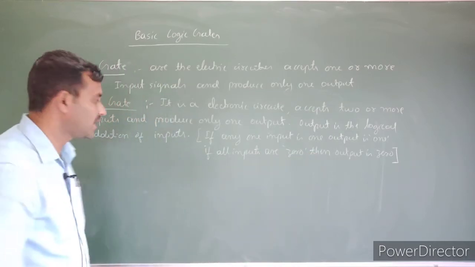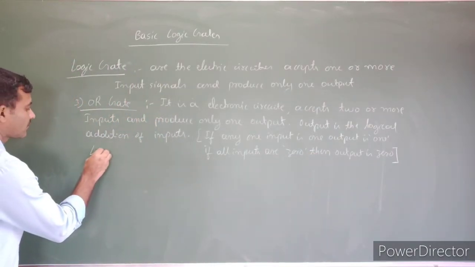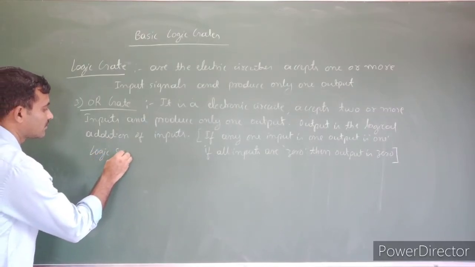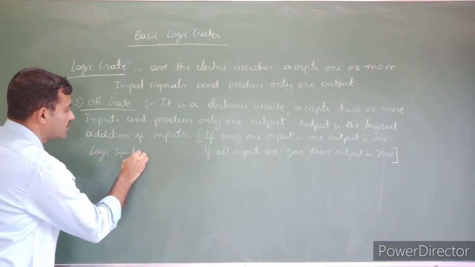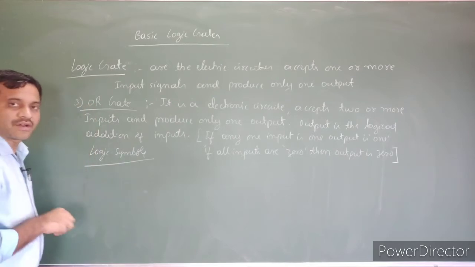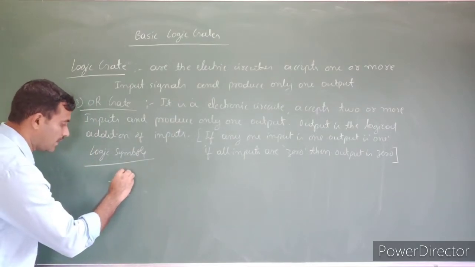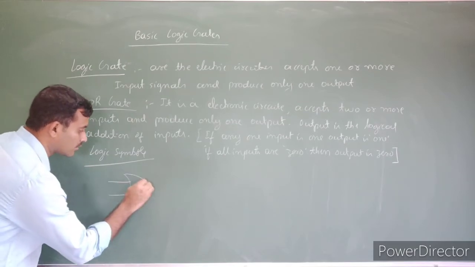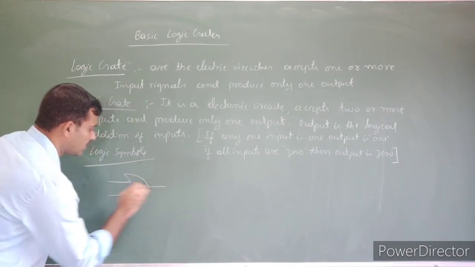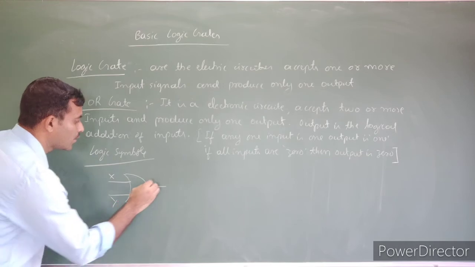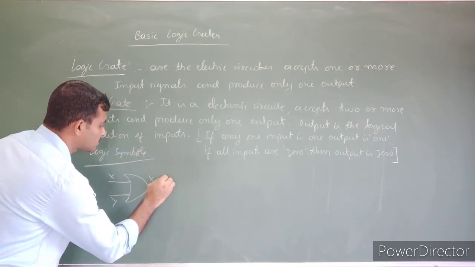Let's see the logic symbol for OR gate. It accepts two or more input signals and produces only one output signal. If the inputs are x, y, output is x plus y.